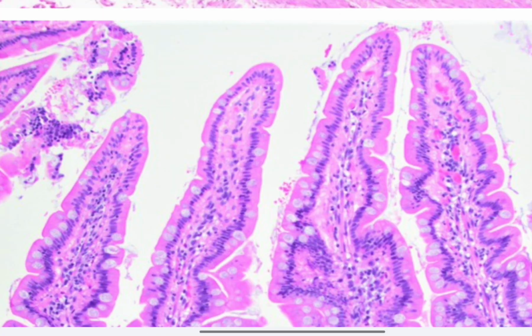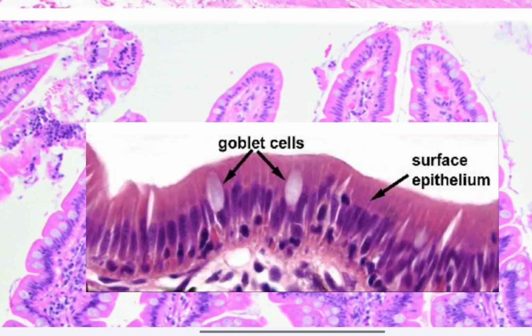So what are the specialties we find here? The cells have a brush border because of the formation of microvilli on the luminal aspect of the cells, and also we have specialized mucus secreting columnar cells all along, called goblet cells.